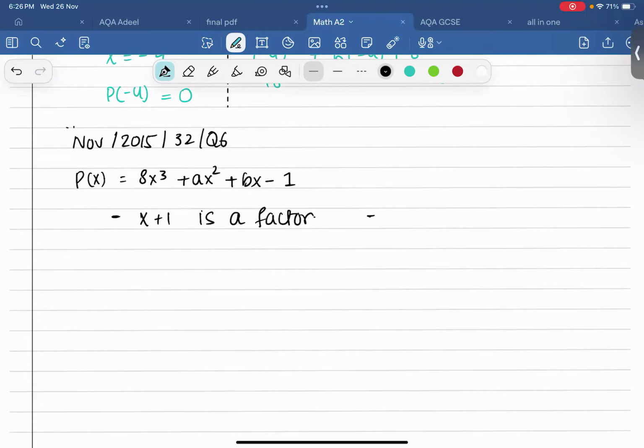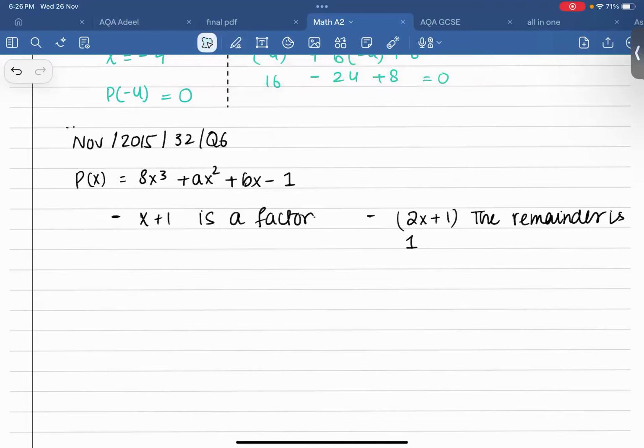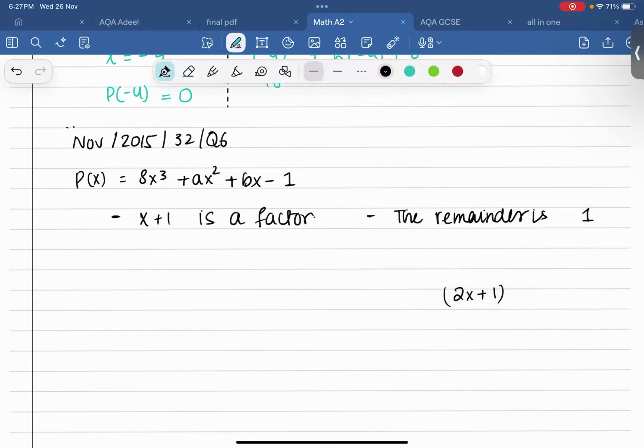The second thing is when p of x is divided by 2x plus 1, the remainder is 1.